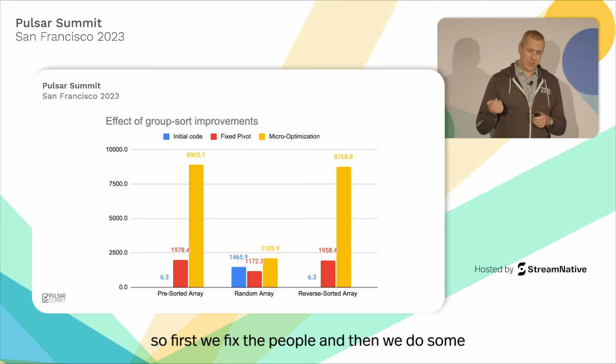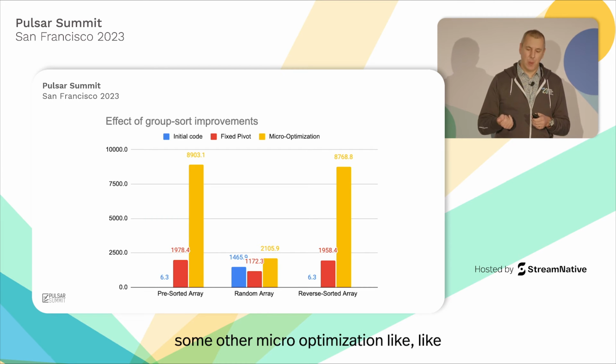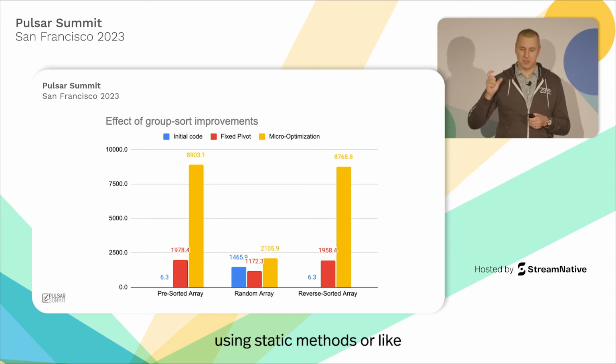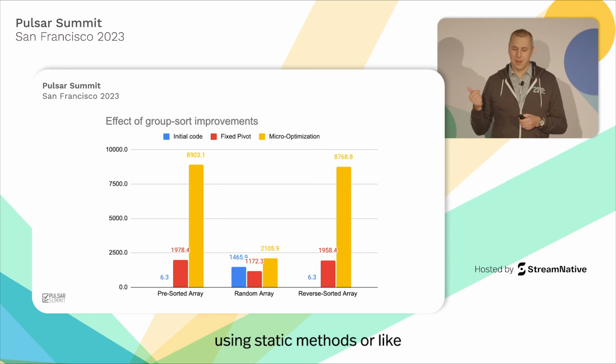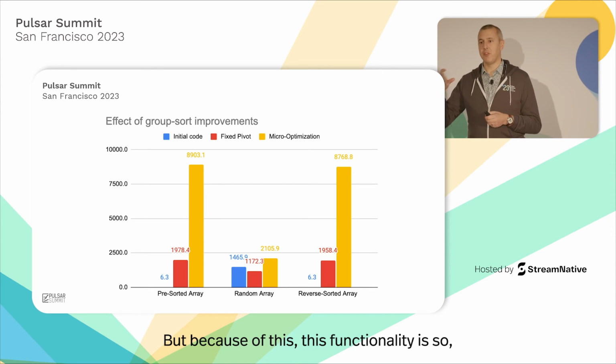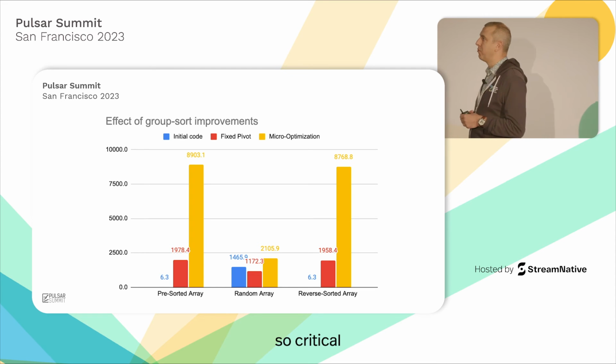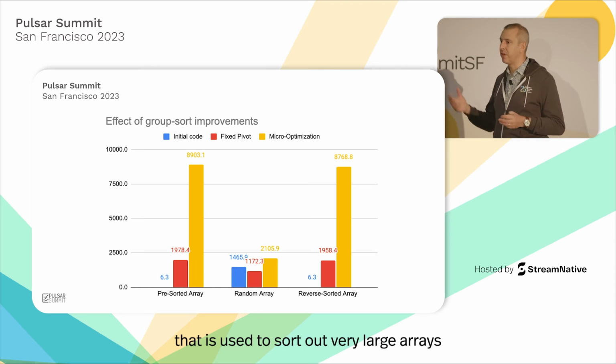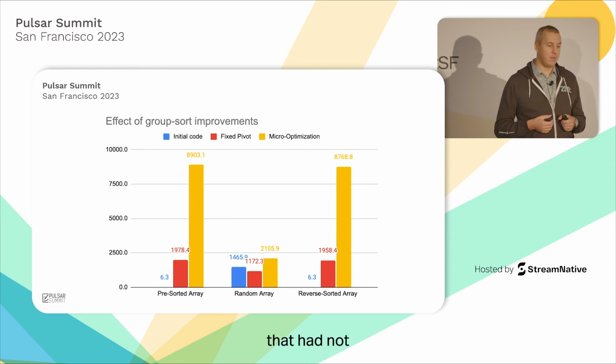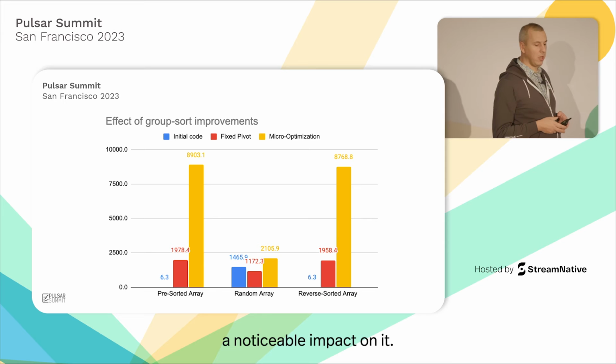First we fixed the pivot, and then we did some other micro optimizations, like using static methods or unrolling loops and so on. Because this function is so critical that it's used to sort very large arrays, it had a very noticeable impact.